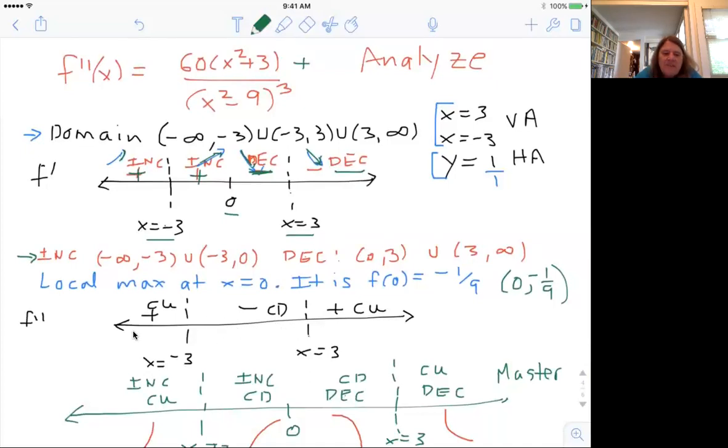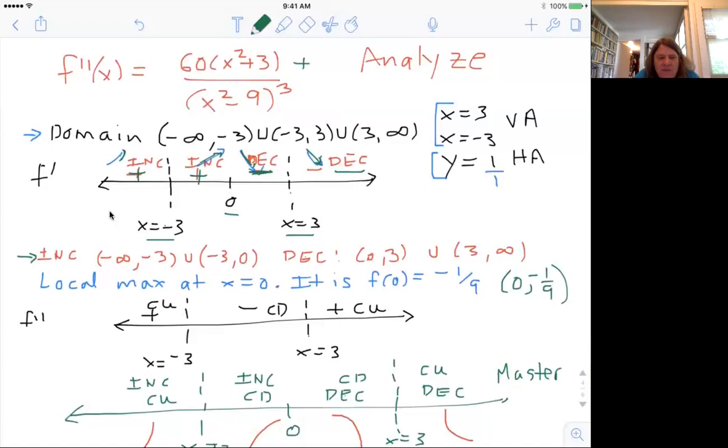Finally, if I pick a test point to the left of minus 3, say minus 4, this is always positive. Minus 4 squared is 16, plus 3... minus 9 is 7, right? And 7 cubed is positive, so I get a positive over a positive. Down here, it's concave up. So now, what I want to do at this point is put these two lines together on what I call my master line.